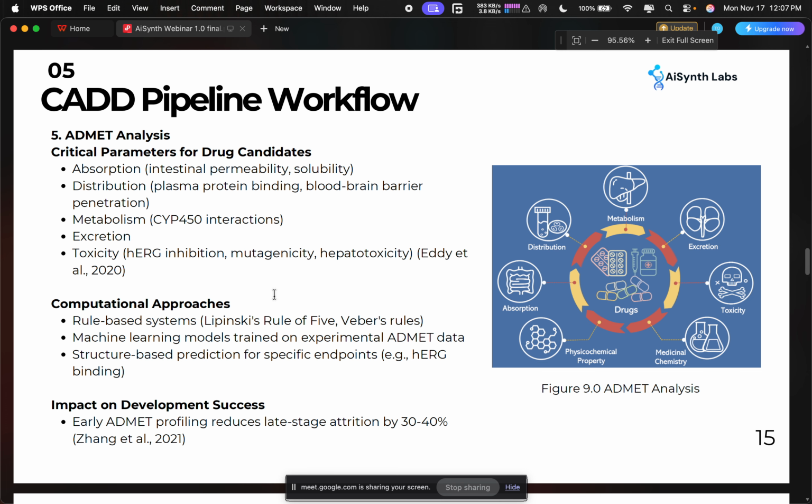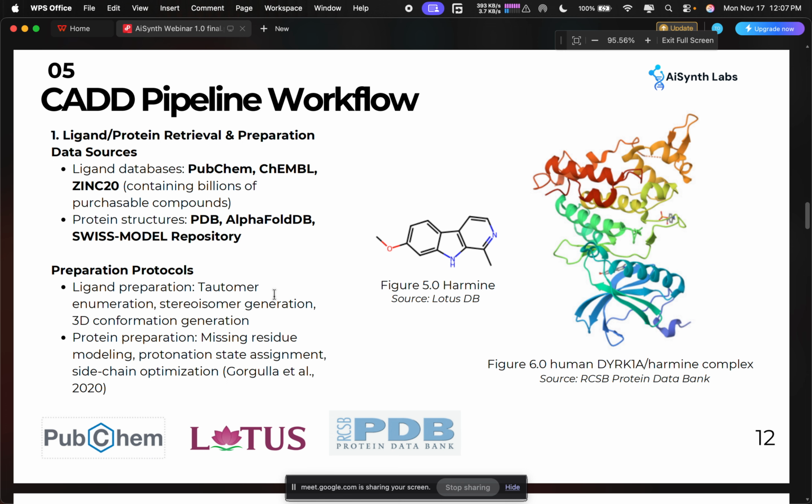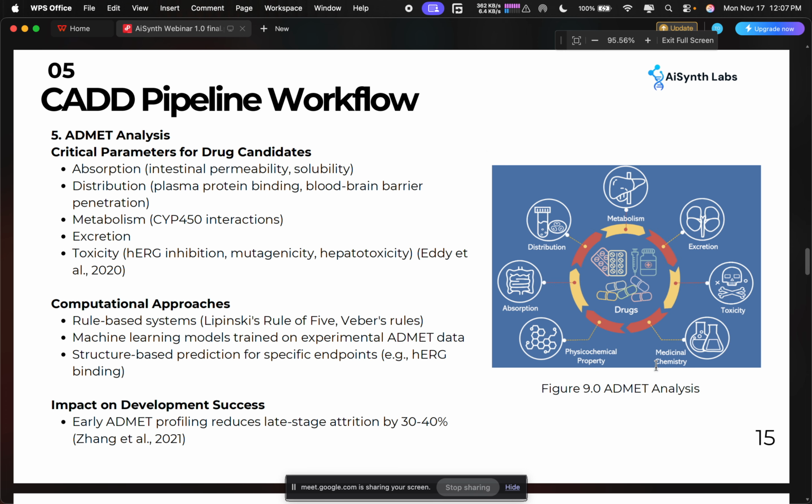Let's say we are working on, for instance, I gave the example of human DYRK1A protein. It is a protein that is expressed in the brain, in the CNS. It causes cognitive impairment in Down syndrome patients. Now, if the protein is in the brain, you want the drug to get to the brain.